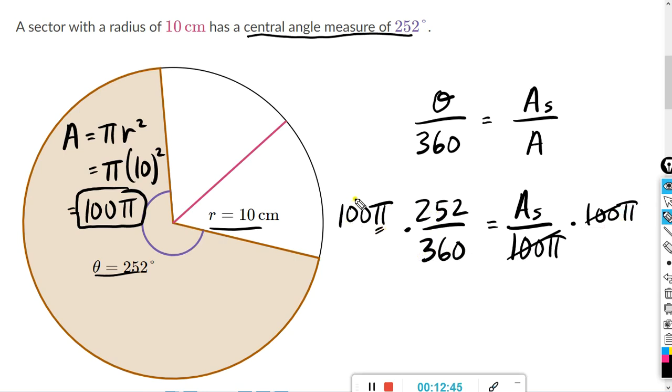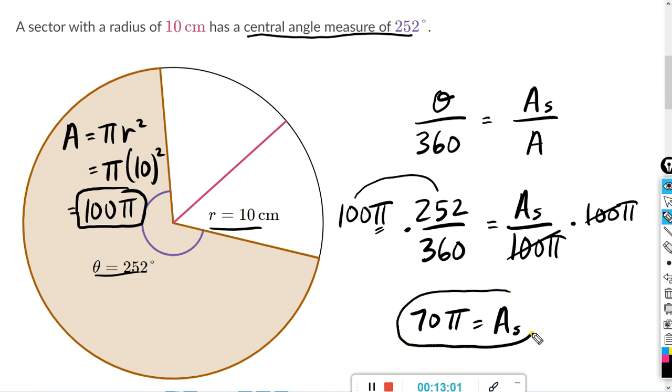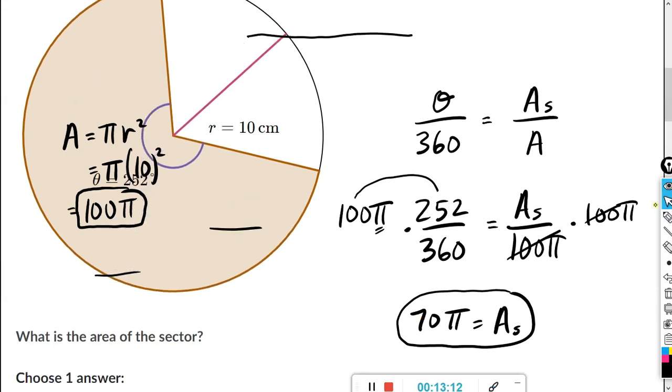I did 100 times 252 divided by 360, and I get 70. Okay, and I still have pi because I didn't touch it. And that equals the area of the sector. So some of them you might have to reduce fractions and cancel numerators and denominators, but in some cases you can go right to the calculator, you'll get an even number. So that's just 70 pi.